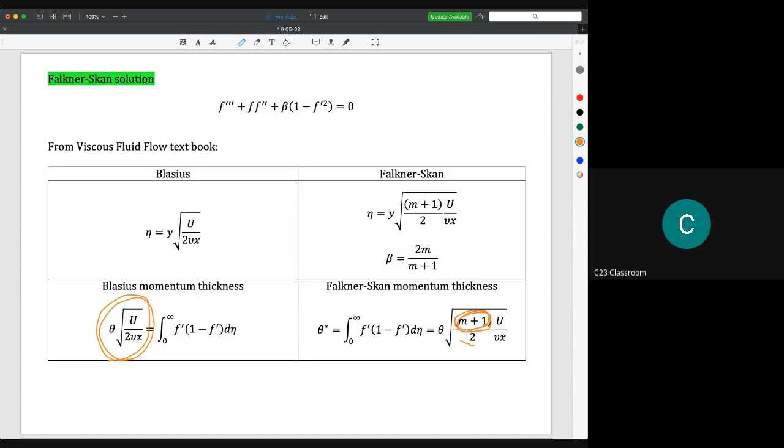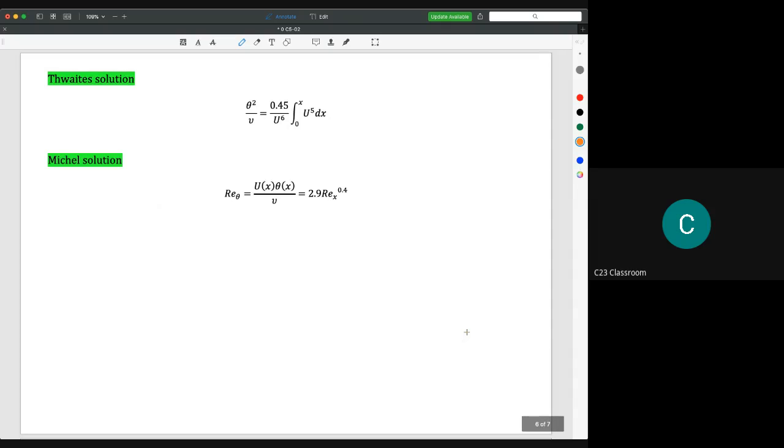The most common ones are the Falkner-Skan solution and the Thwaites solution. We have this Thwaites solution because it can be used to predict the separation. Separation means that the boundary layer is detached from the surface of the curved object that we have, and sometimes it can be used to predict the value of theta.